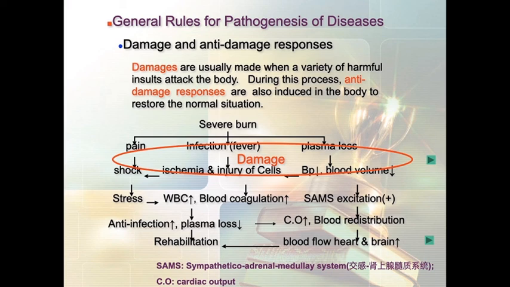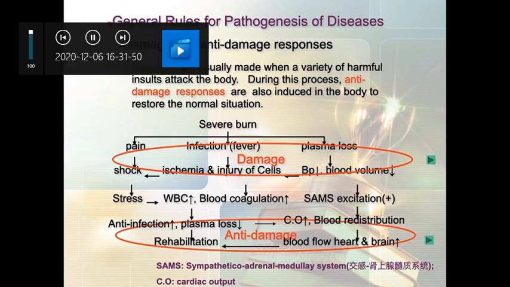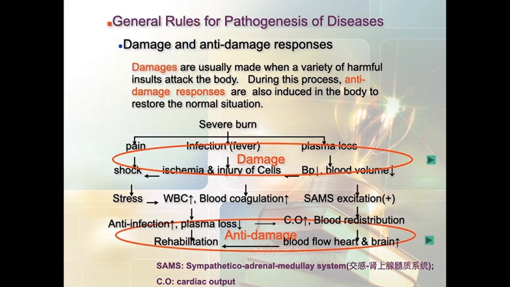That's rehabilitation. So you can see these are the anti-damage factors. And who will win depends on how strong the damage is and how long it lasts, and also, vice versa, on how strongly the anti-damage factors or systems can work.